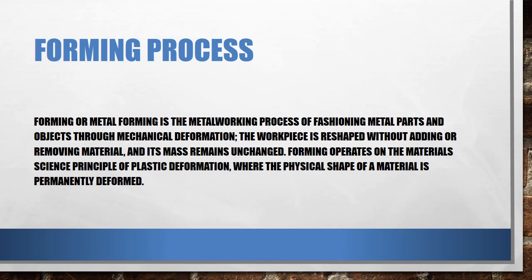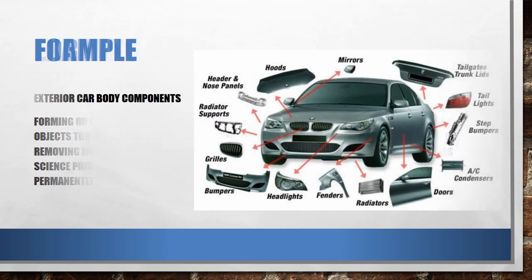The workpiece is reshaped without adding or removing material, and its mass remains unchanged. Forming operates on the materials science principle of elastic deformation, where the physical shape of a material is permanently deformed.